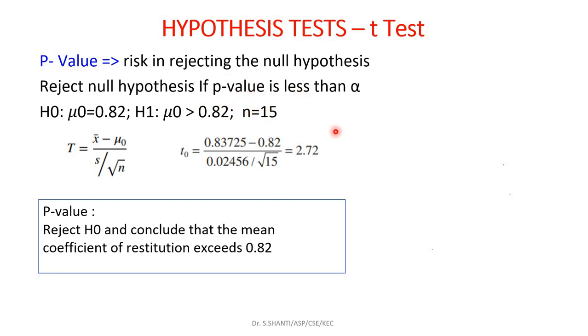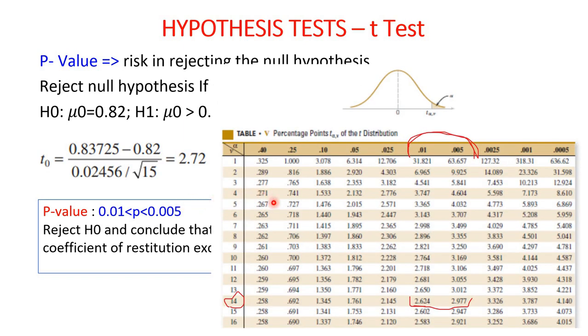Okay, so we have seen two different problems. In the second problem, mu naught is 0.82, the alternate hypothesis is mu greater than 0.82, n equal to 15, and the computed value is 2.72. To compute the p-value, again we are using the same one-sided table. Here we are considering the degrees of freedom 14, and we are checking where this 2.72 lies.